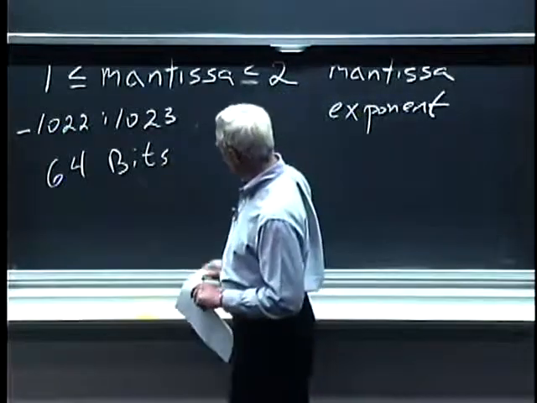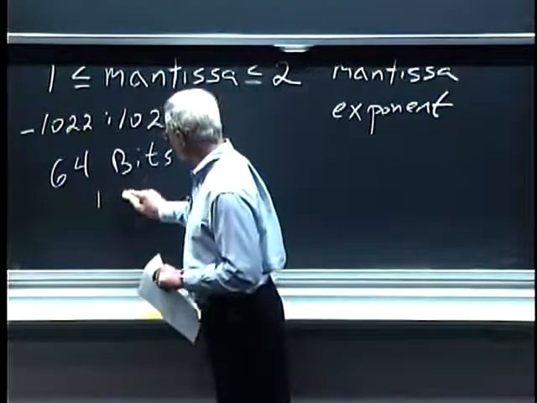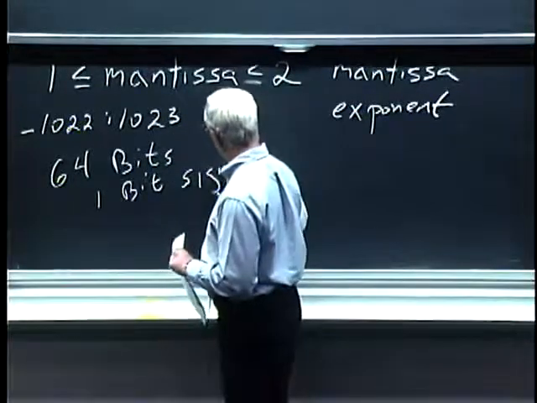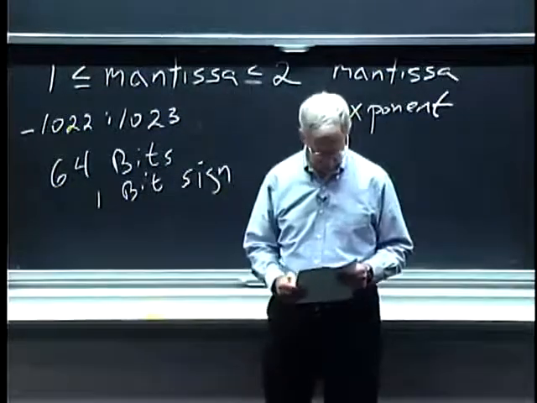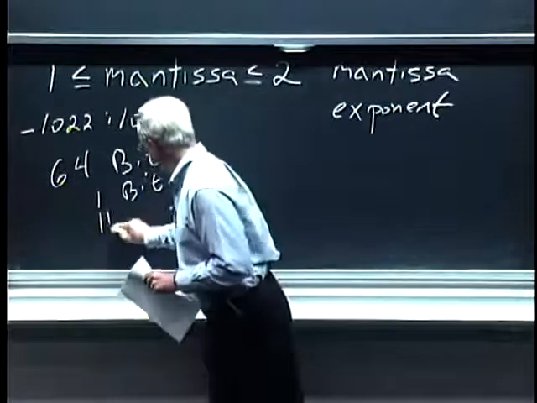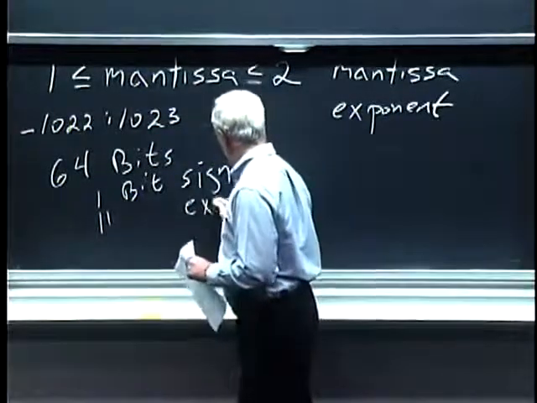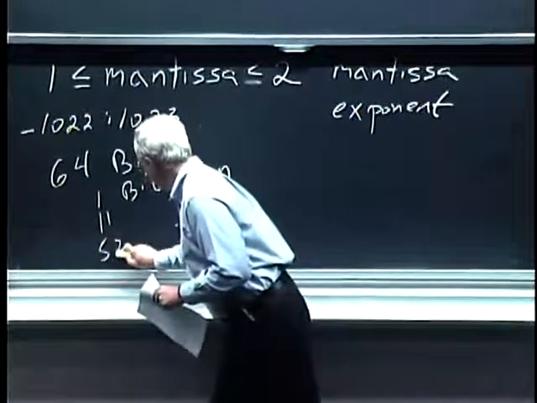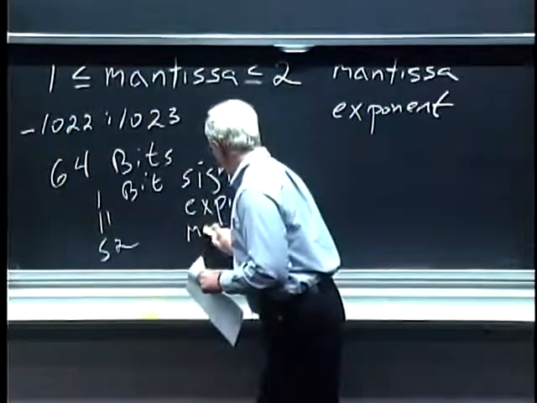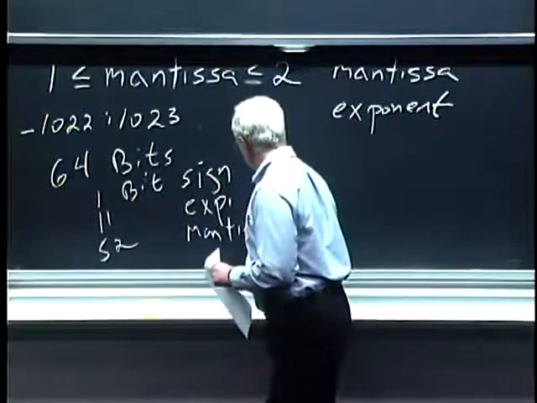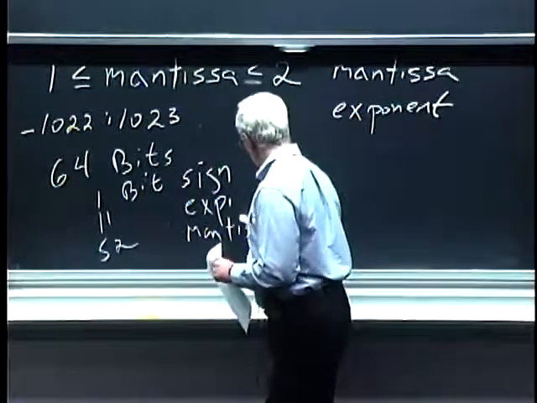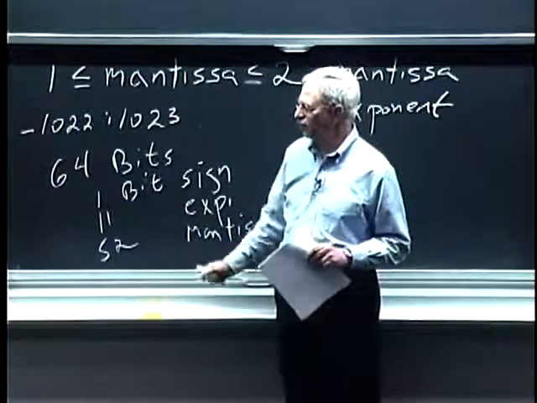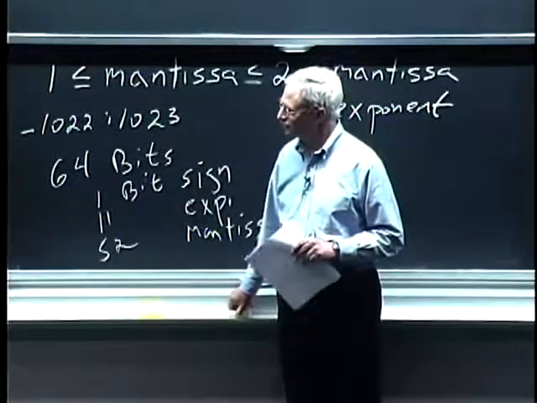So as we do this, we get 1 bit for the sign. Is it a positive or a negative number? 11 for the exponent. And that leaves 52 for the mantissa. And that basically tells us how we're storing numbers.